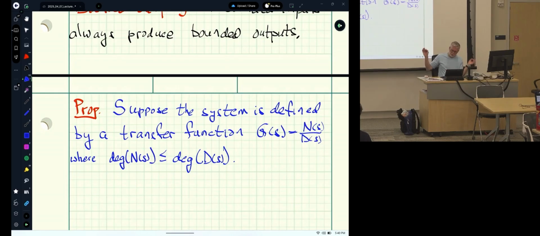So you can read in the book why that's a technical condition we need. Almost all systems satisfy that, so it's not really important, but for the theorem to hold, it needs to be there.